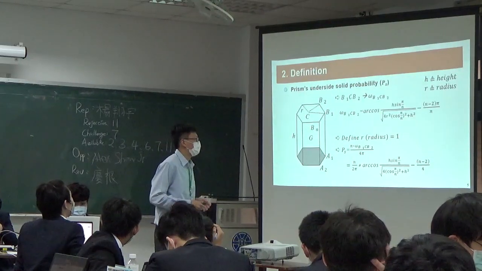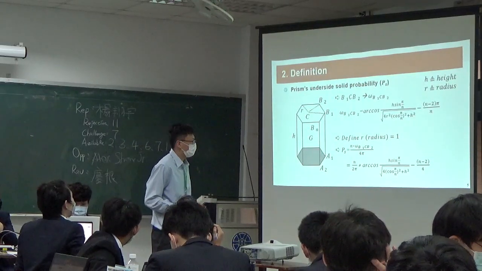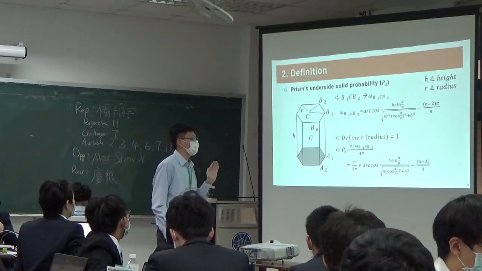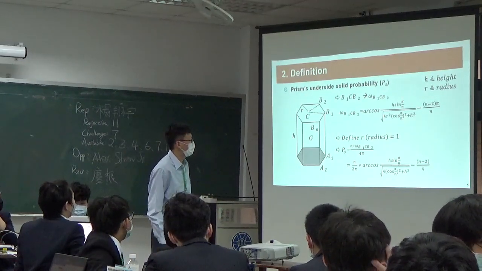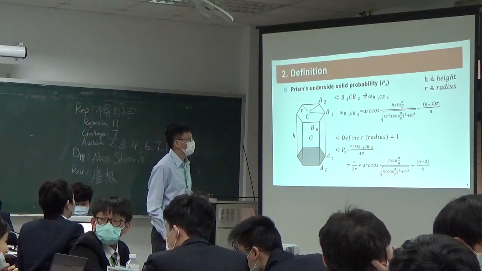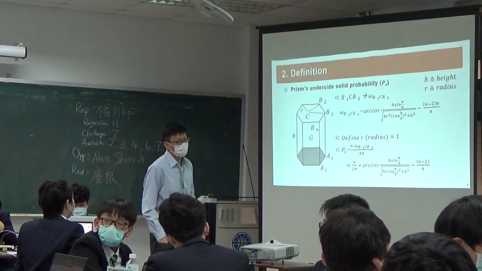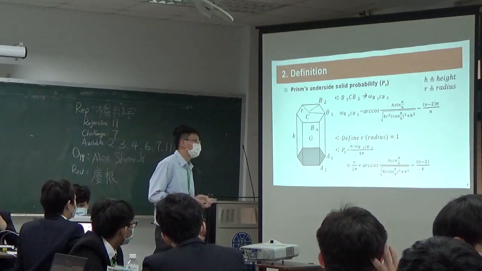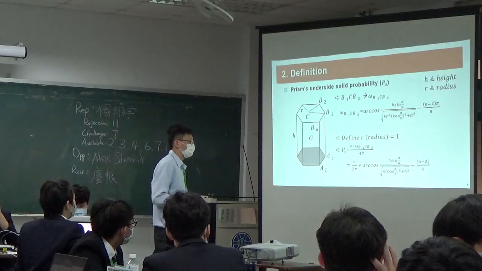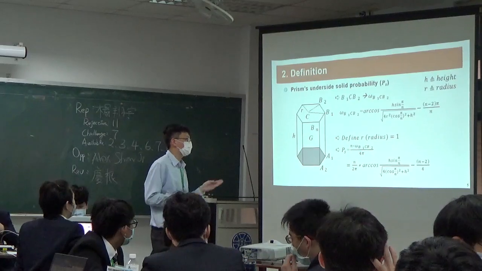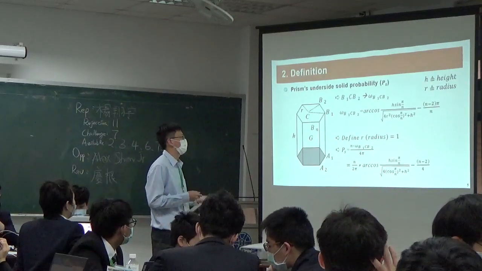And the underside probability PS can be obtained from the solid angle probability. We first get omega B1 C B2 as one of the triangles on the underside. And it will be like a formula. Also we want to simplify the equation, so we define R as 1. So PS will be n times omega B1 C B2 divided by 4 times pi, where n is the number of sides of the underside polygon.